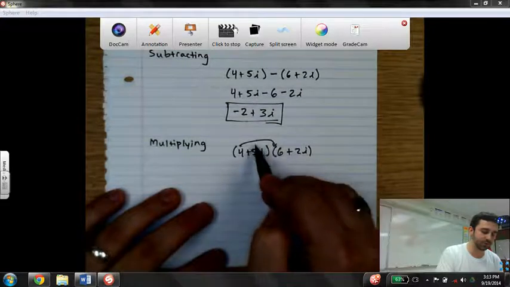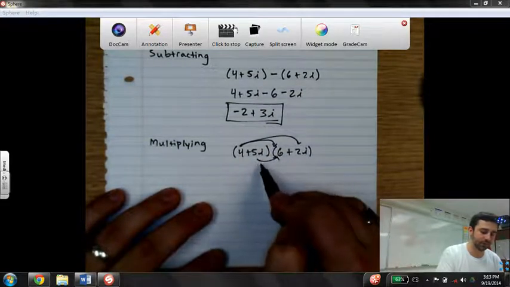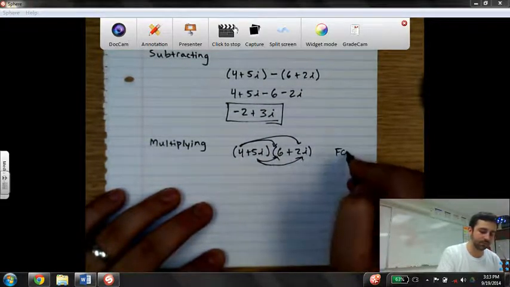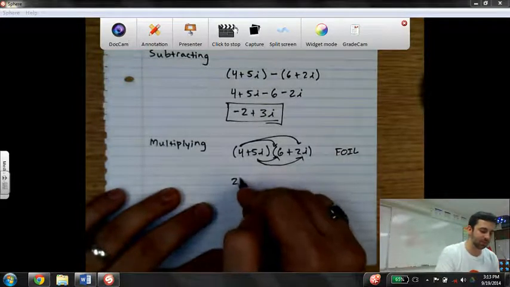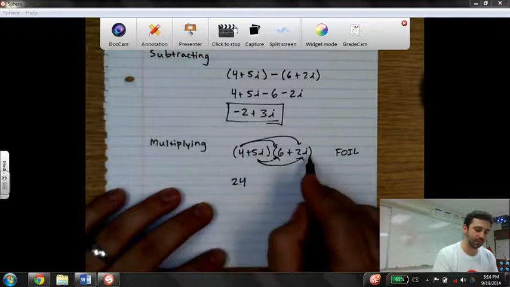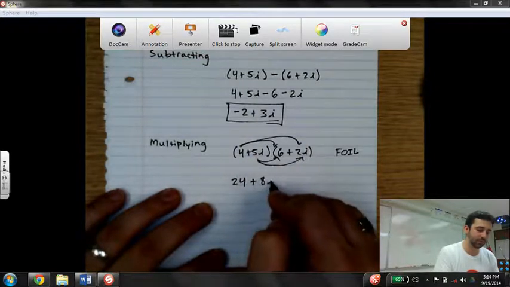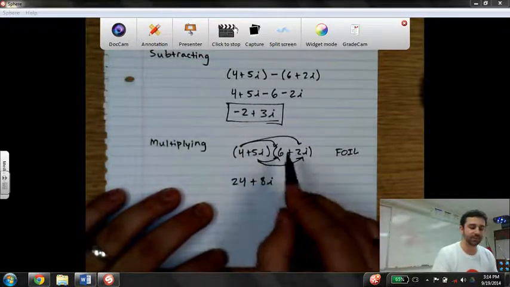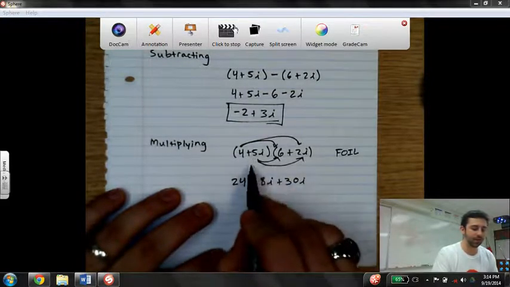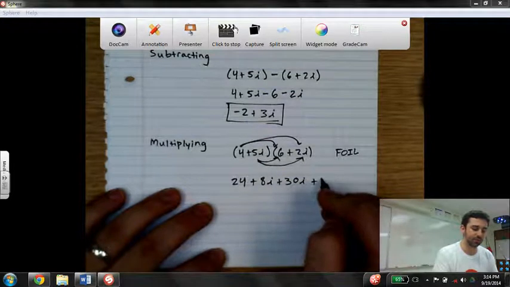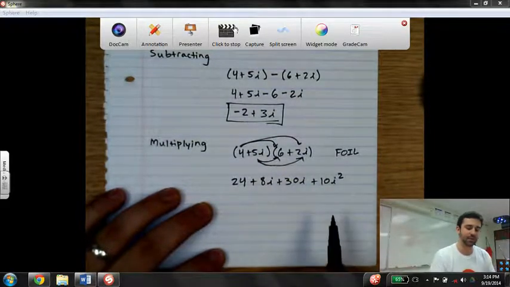First, outer, inner, last. So we have 4 times 6 to give us 24, 4 times 2i to give us an 8i, 5i times 6 to give us a 30i, and then 5i times 2i to give me a 10i squared.